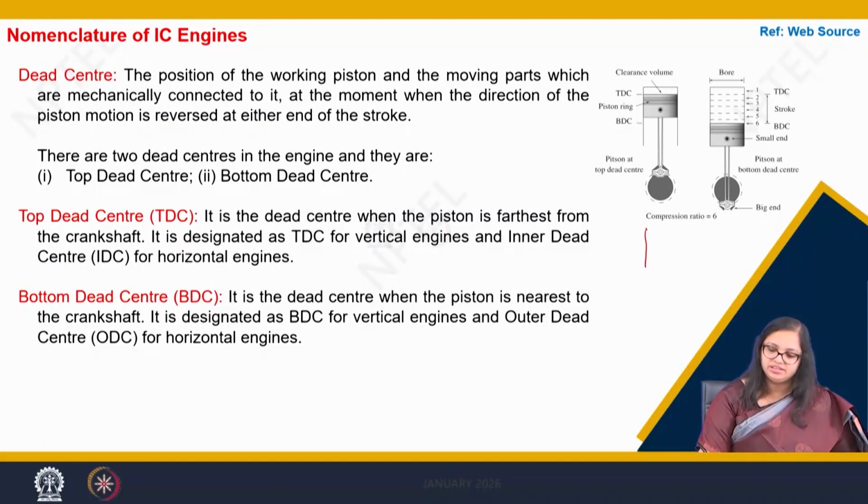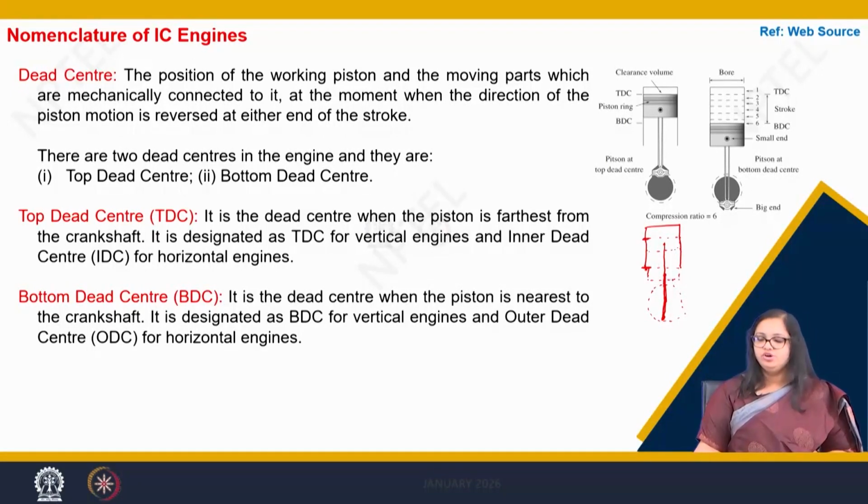As I was explaining, the point from where my piston would start moving from the lowest most point, where my crank is also at the bottommost point of its circle, we call it one point, and then there is another point where my piston is, when my piston is at that location, my connecting rod would also be at its topmost position and my crank will also be at its topmost position.